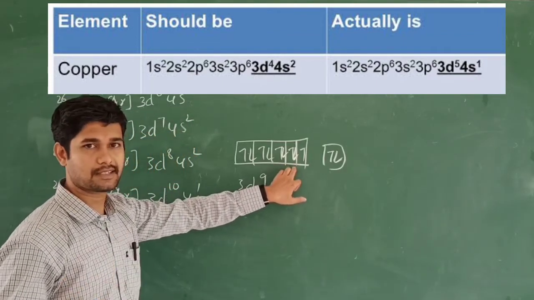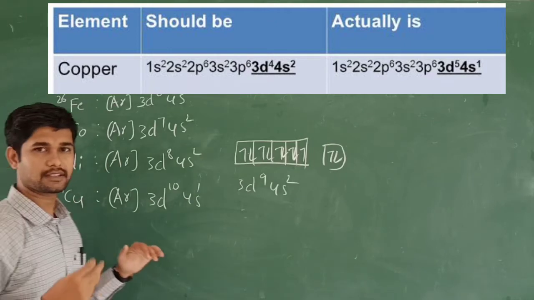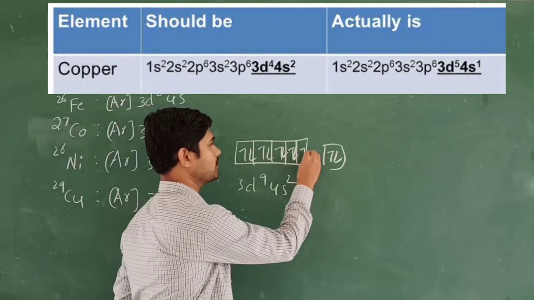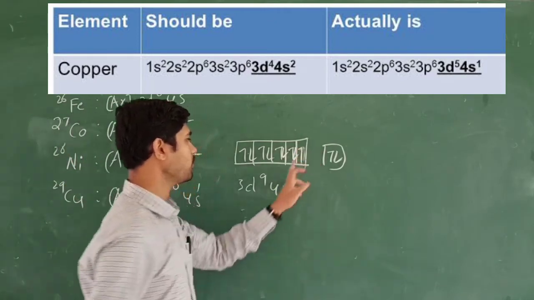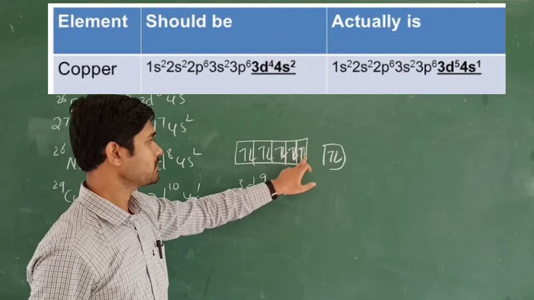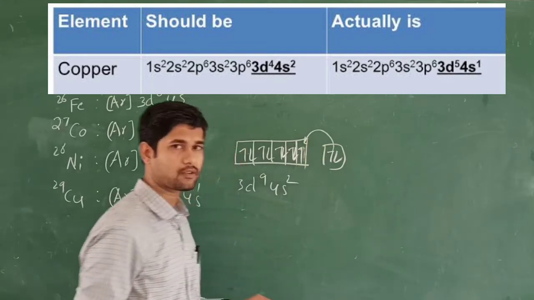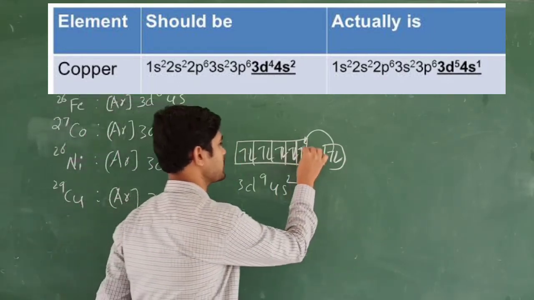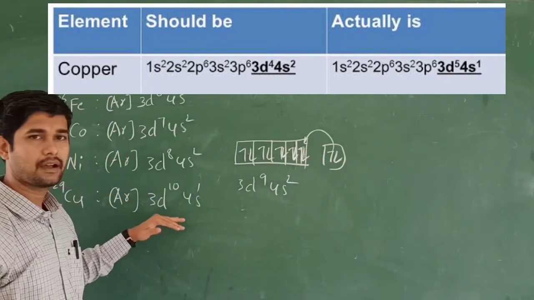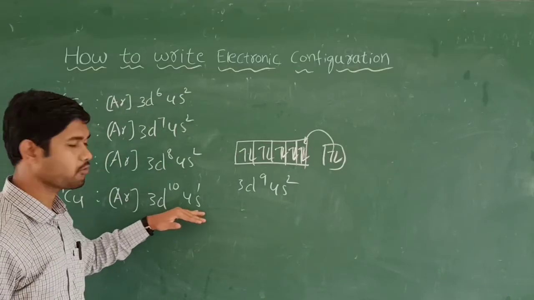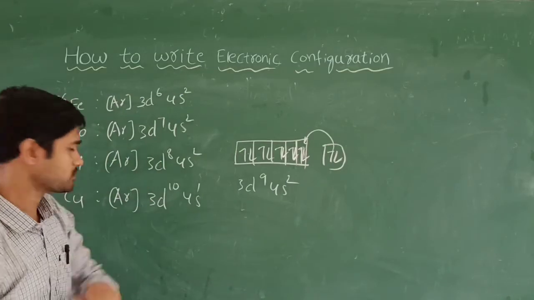In order to become stable, copper requires only one electron, because one electron is less in this orbital. So the 4s2 gives one electron to copper to become stable. That's why we write the electronic configuration as 3d10 4s1, but not 3d9 4s2.